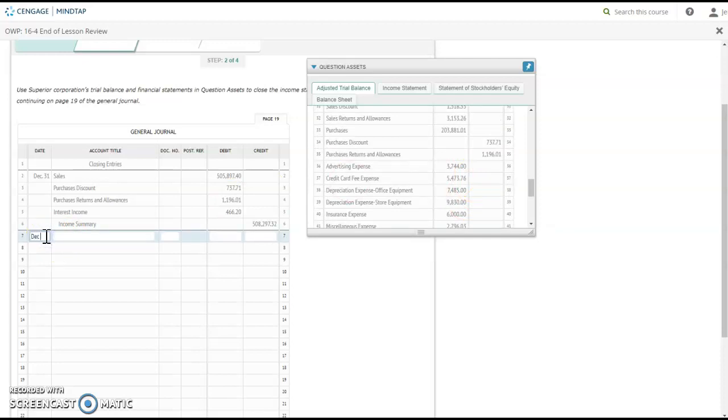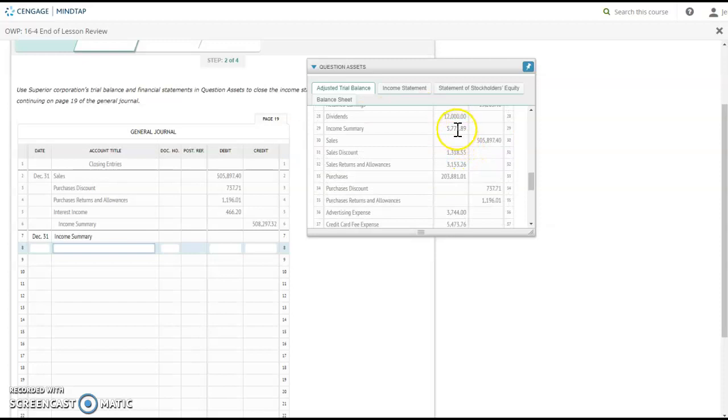I have December 31st as my date. And what I'm going to do is put in my debit account. My debit account is going to be income summary. Now, I don't know how much we're going to debit income summary for yet, so I'm just going to leave that blank, and I'm going to start putting in the accounts that I need to credit. So again, I'm going to find income summary, everything after income summary. So we see sales discount.